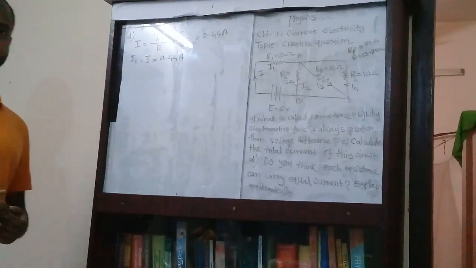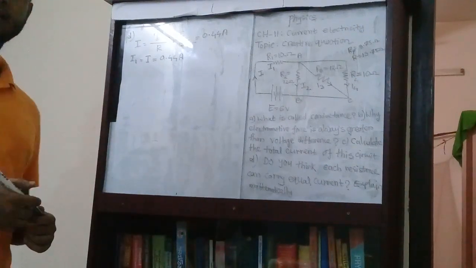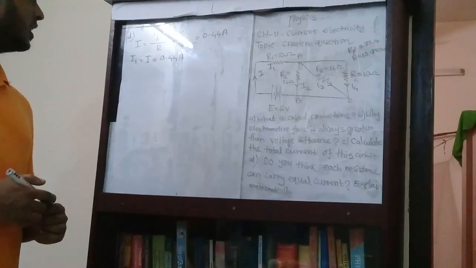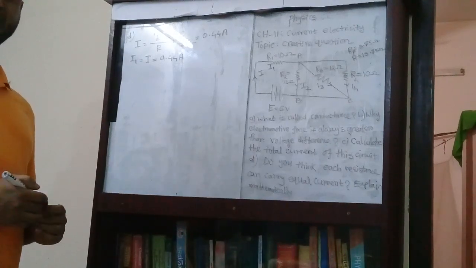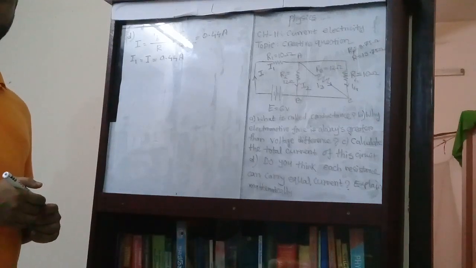So this 0.44 ampere current flows through the resistance R1.